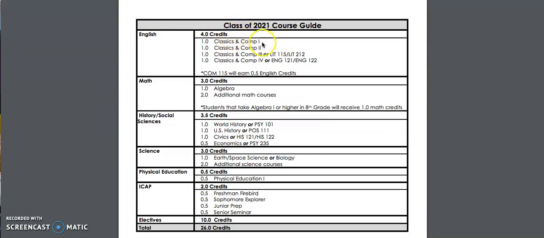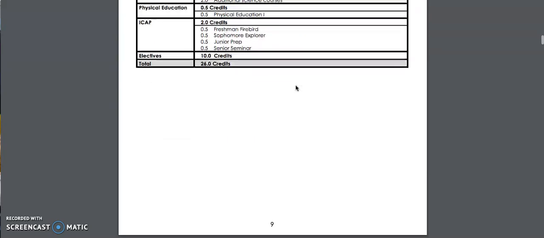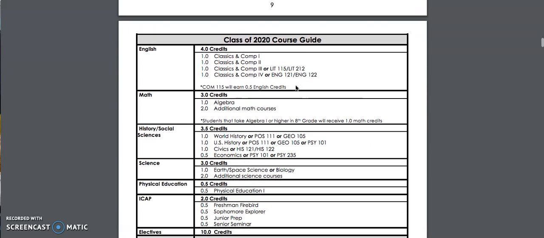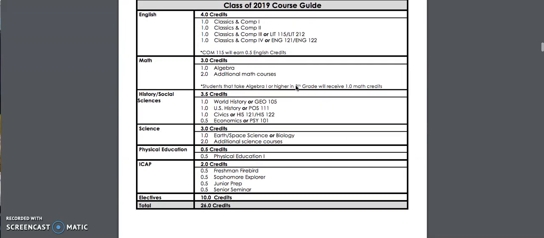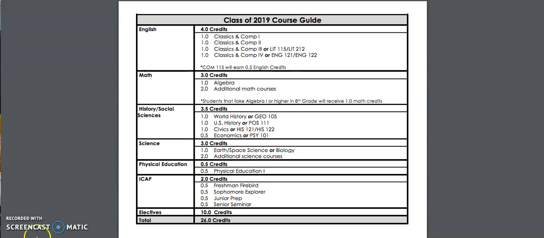So what do I take my freshman year? What do I take my sophomore year? Going into my junior year, which path am I going to go? The high school English or the college English, and so on. And it breaks that down for each subject area. So this is just a little more detail on those graduation requirements, and you can find your grade level and use that to guide you.